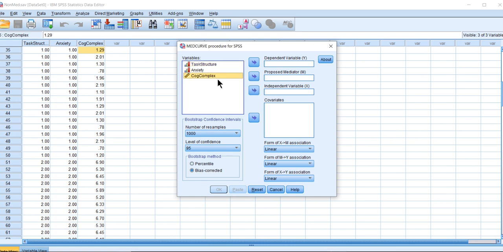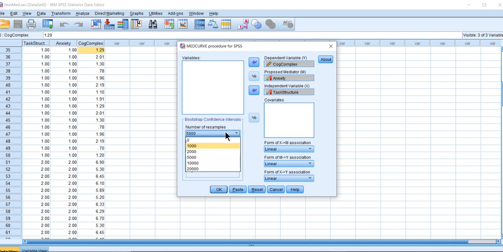This is cognitive complexity, our dependent variable, we put it here. Anxiety, our mediator, and task structure, our independent variable. Of course, we can have covariates; we will put them here. Number of resamples is usually 5,000.